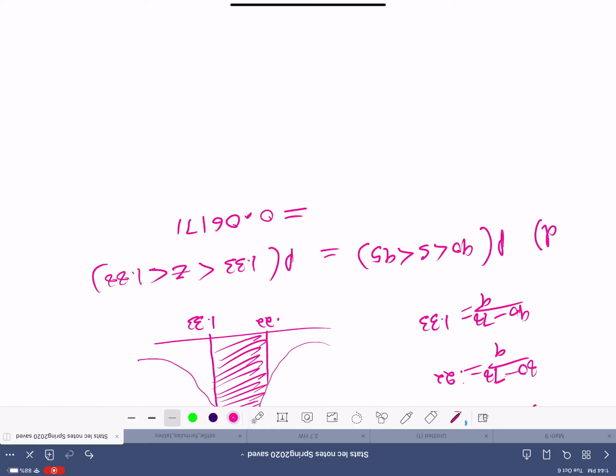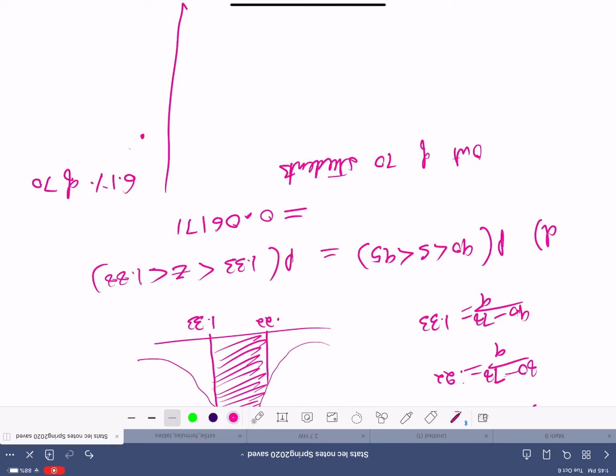Now it says there are 70 students in the class. So out of 70 students, how many of them will have a score between 90 and 95? We need to find about 6.1% of 70. How do you find a percent of a number?